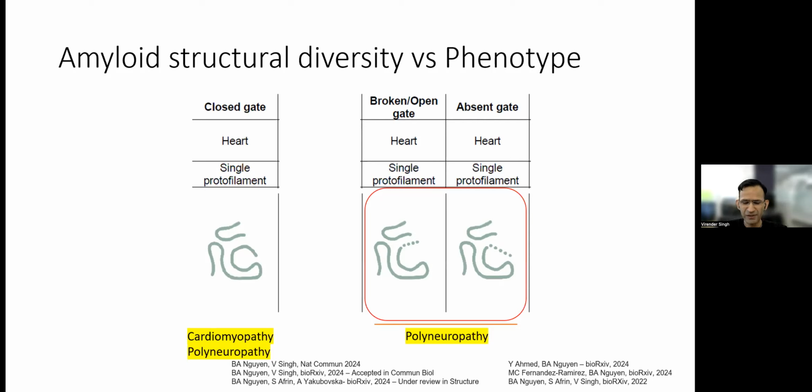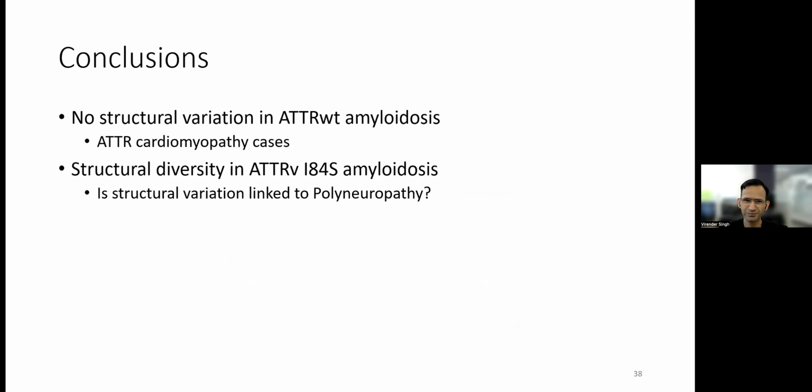Based on the limited data we have till now, we could say that the structural variation which we see in I84S could be linked to polyneuropathy. So we have to solve more structures from the polyneuropathy category to actually validate this point.